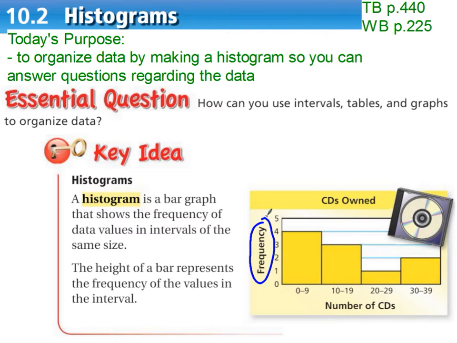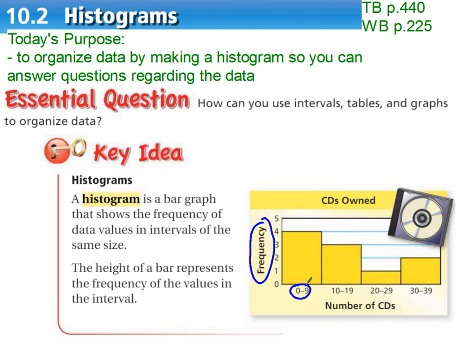Now, there is really only one significant difference between a bar graph and a histogram. In a bar graph, your labels at the bottom of a graph are going to be one specific number. So, for example, this first column would say 0, second column 1, third column 2, and so forth.